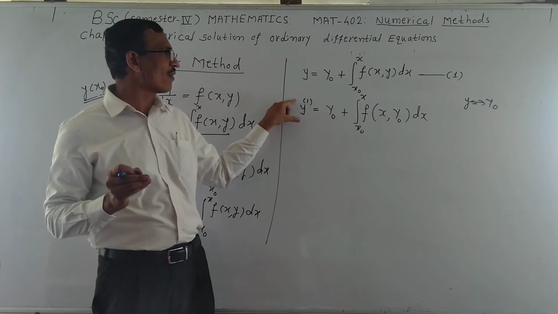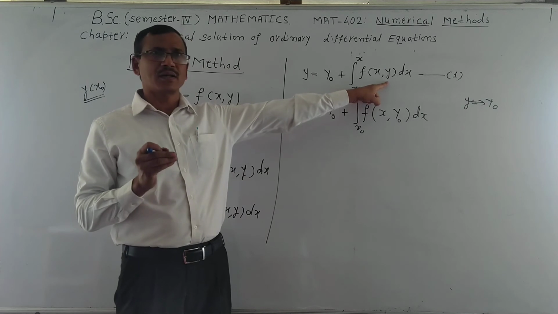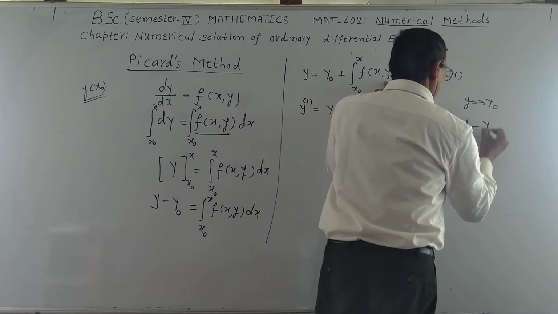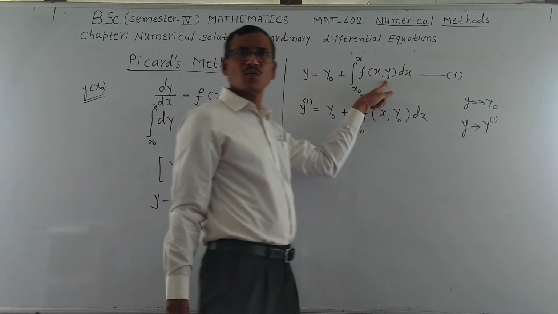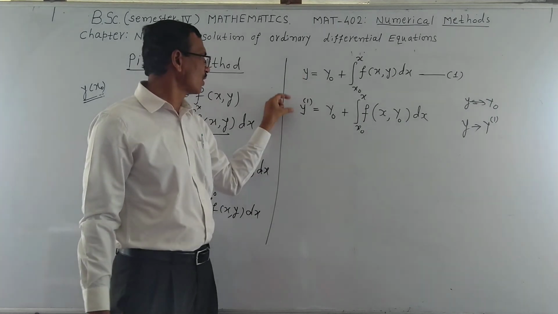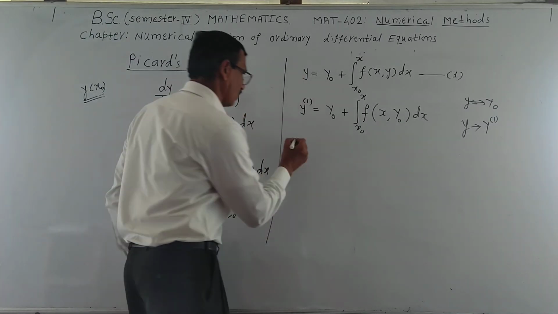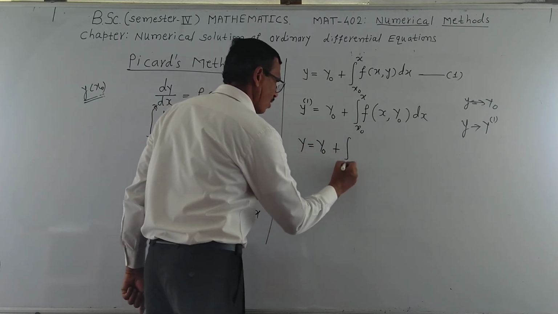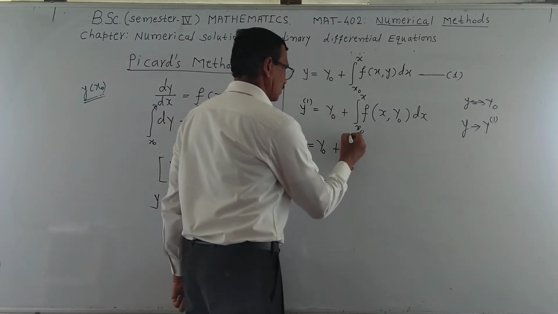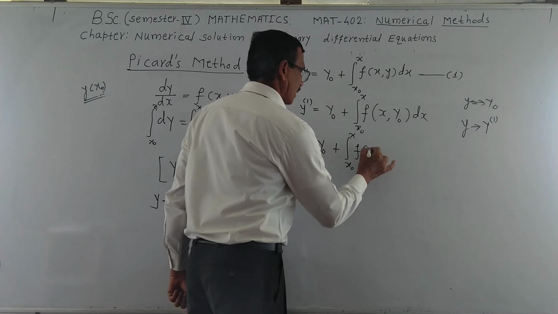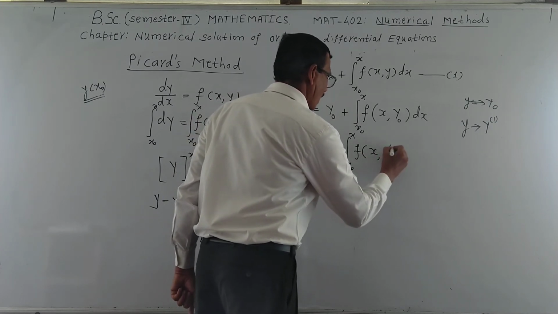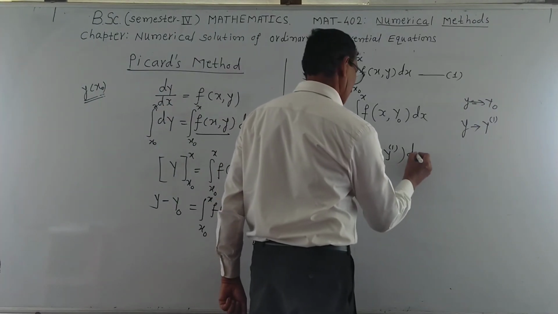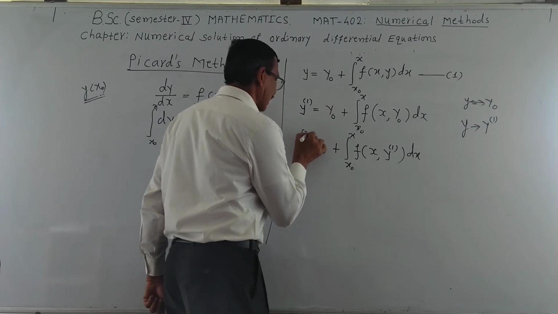Once we know the first approximation y1, in equation 1 we replace y by y1. Then equation 1 becomes y is equal to y0 plus integral from x0 to x f of x, y1 dx, where y1 is the first approximate value, and this is the second approximation.